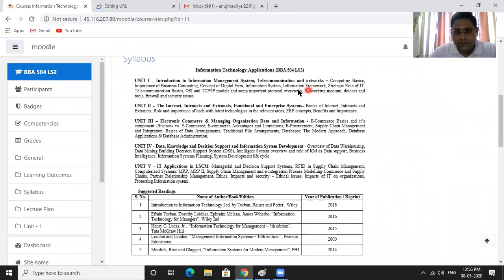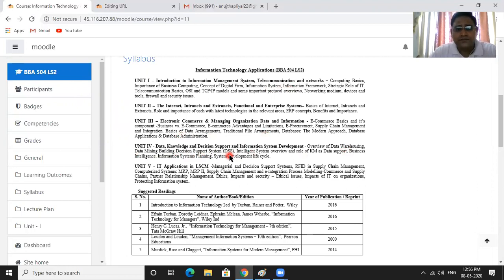Now see, here we are discussing information systems and framework. Sorry, in the fourth unit, as we can see, decision support system: overview of data warehousing, data mining, and decision support system. We will see the components of decision support system later on, like the user interface, knowledge base, model base, and the different types of models.